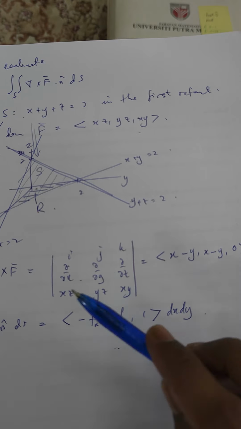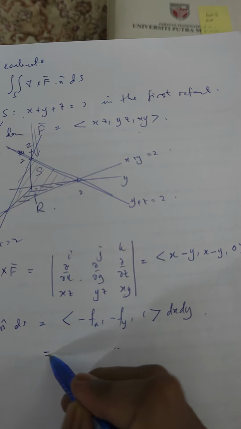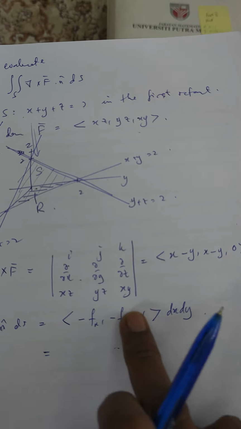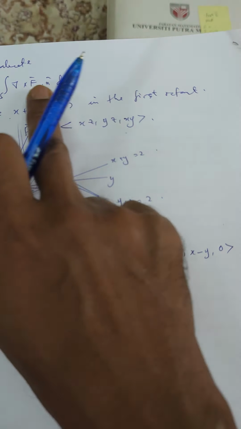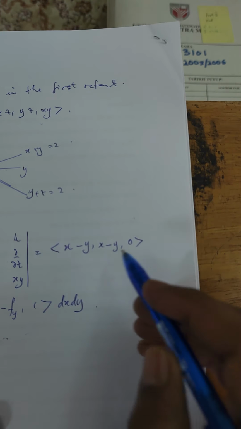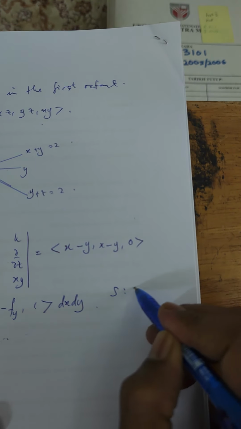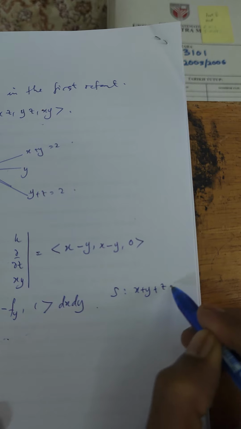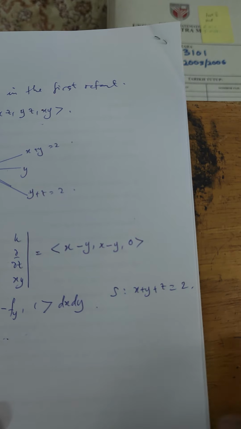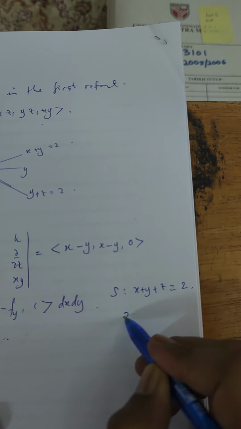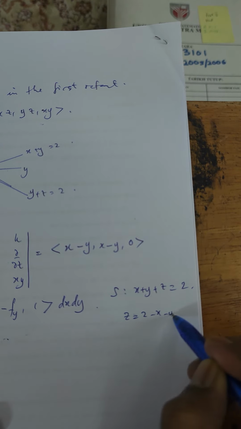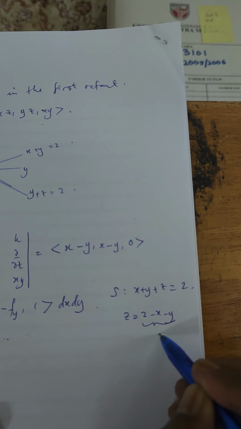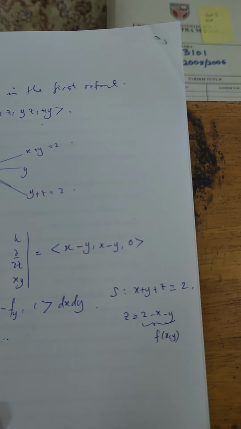So from the given surface, our surface S is x plus y plus z equal to 2. So you need to write z as a function of x and y. So we have 2 minus x minus y. So this is actually your f(x, y).